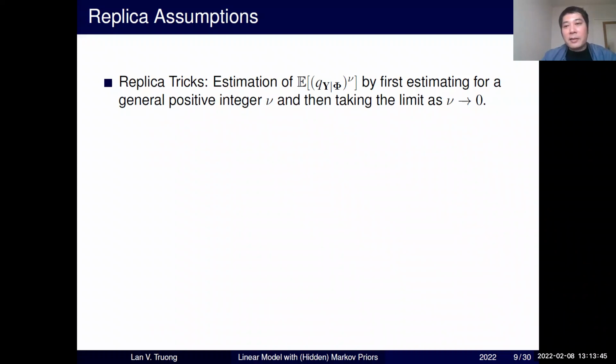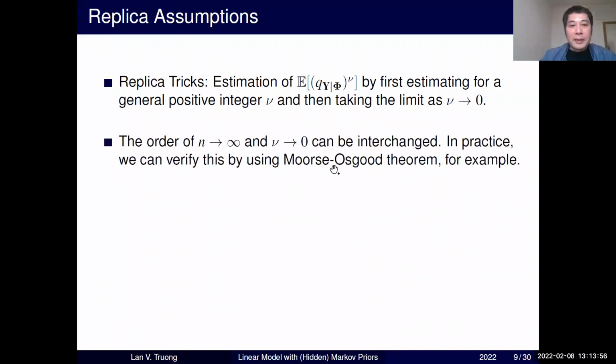However, it is correct in many cases, and it is acceptable in much research literature in statistical physics, communications, and other fields. They also assume that the order of the limits, n tending to infinity and nu tending to 0, can be interchanged. In mathematics, there are many theorems showing that the interchange of limits can work.